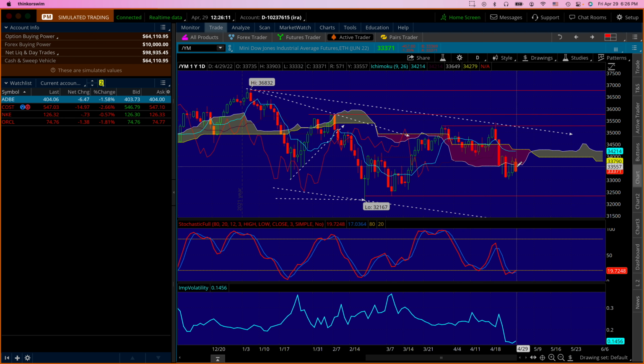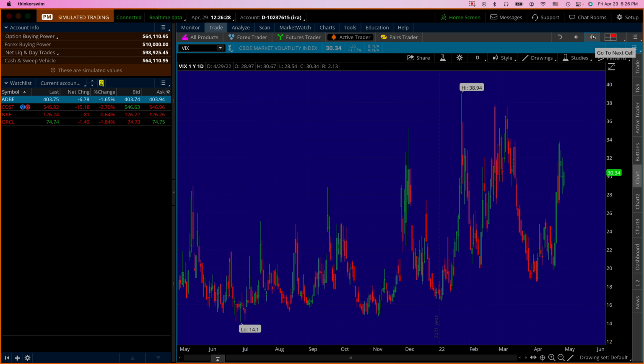Okay, and today, yesterday and the day before, we seem to have a reversal, which really surprised me. But here we go back down again today. You can do that same evaluation with the SPY. This is the VIX. If the VIX is around 30, that's pretty high.